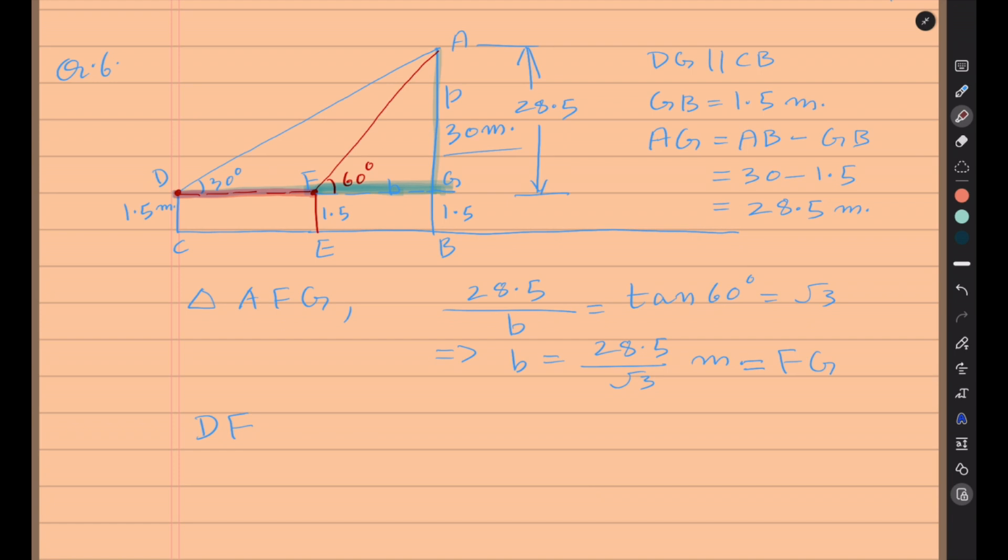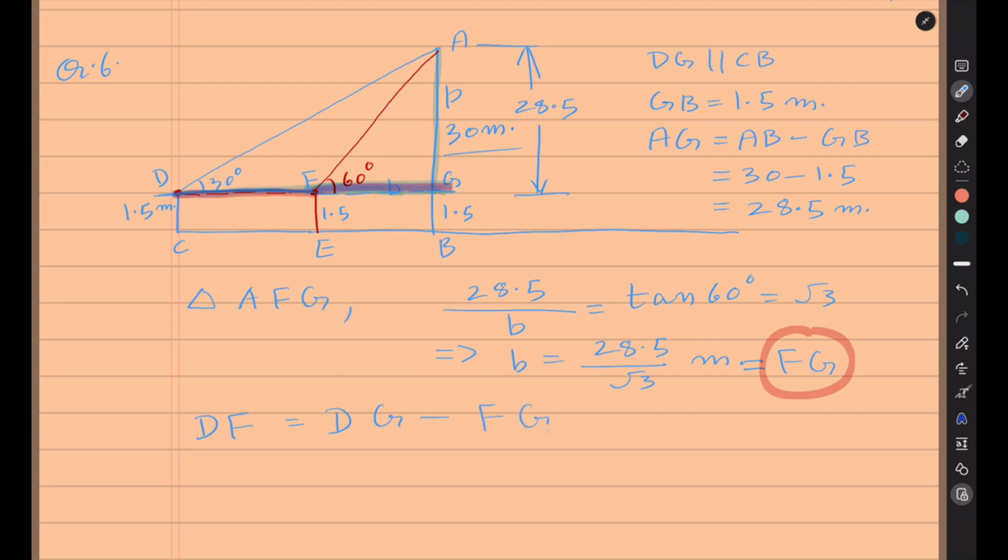As we know this distance FG, we can say that DF here is DG minus FG.